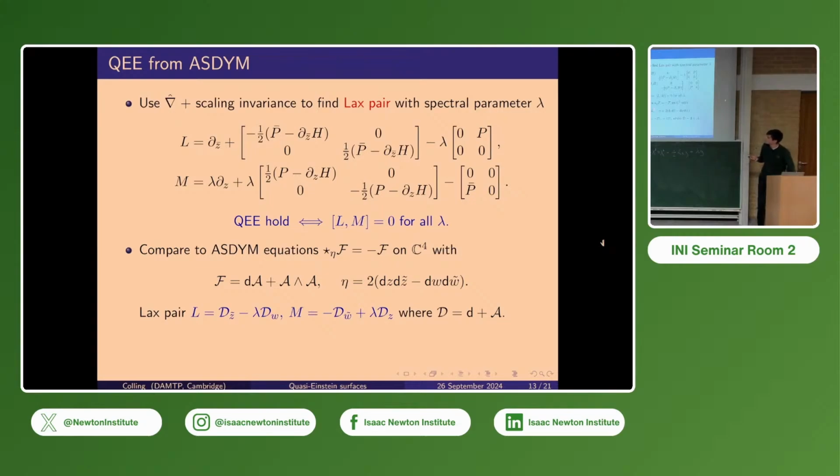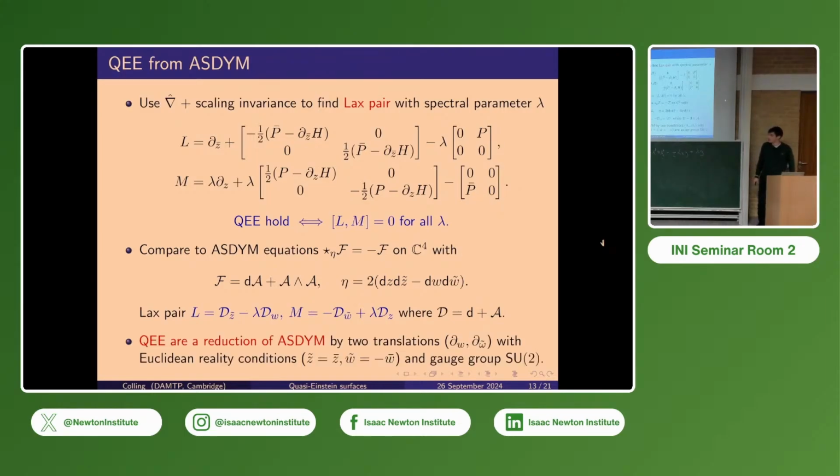So for example, from this minus lambda dw here, we would want this to be the w component of our connection, and we would want this to be the z component of our connection. In this way, you can see that the quasi-Einstein equations are a reduction of the anti-self-dual Yang-Mills equations by two translations, d by dw and d by dw tilde.